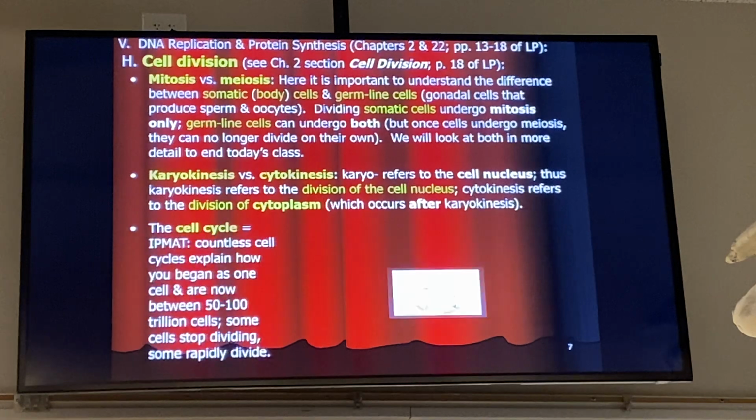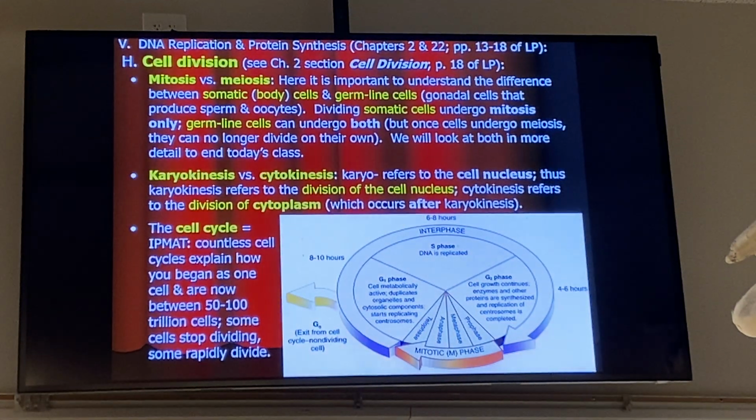So that's why karyokinesis first, cytokinesis second. Okay. And the cell cycle, I teach my anatomy students, is IPMAT. If this was more chronologically accurate, I would call it PMAT.